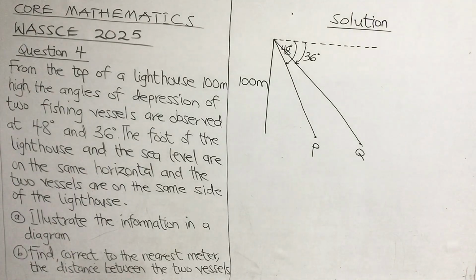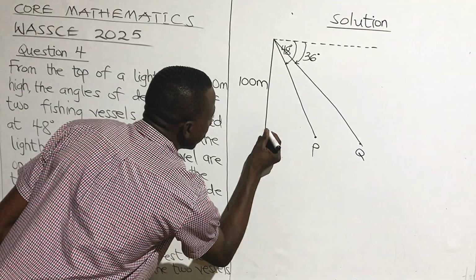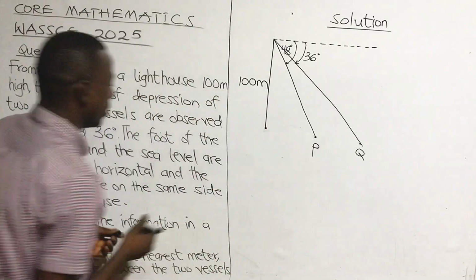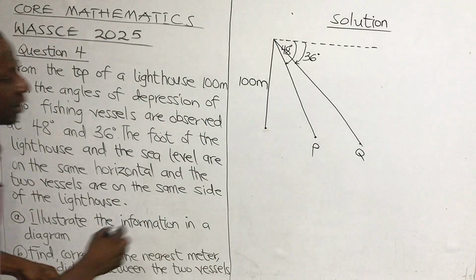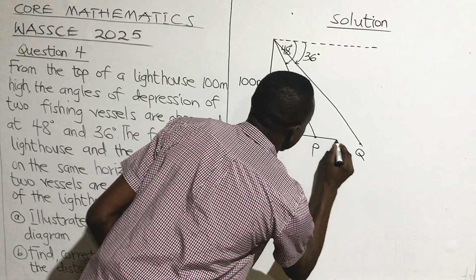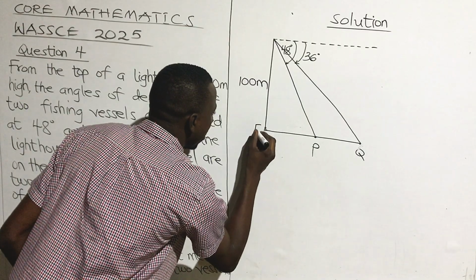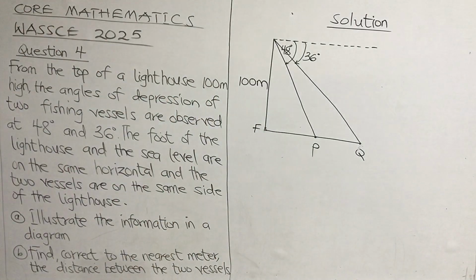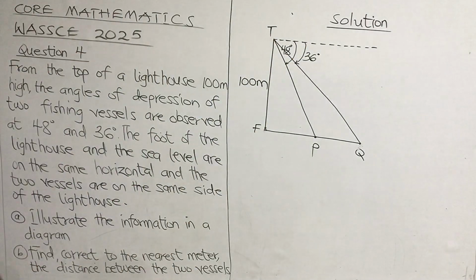We are moving on with the question. The foot of the lighthouse and the sea level are on the same horizontal. So I'll make F here representing the foot of the lighthouse, and T representing the top of the lighthouse.